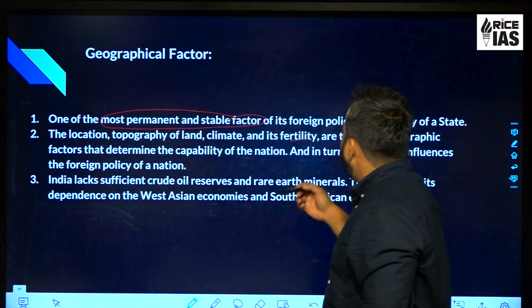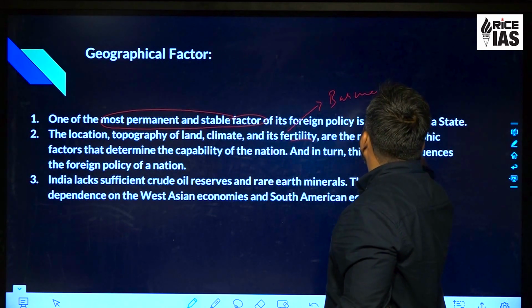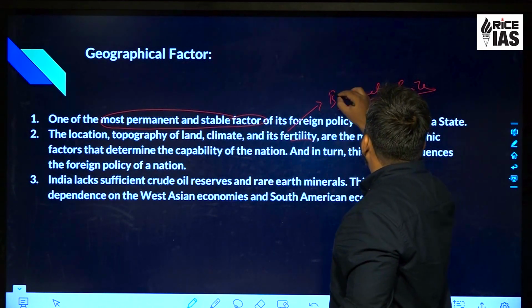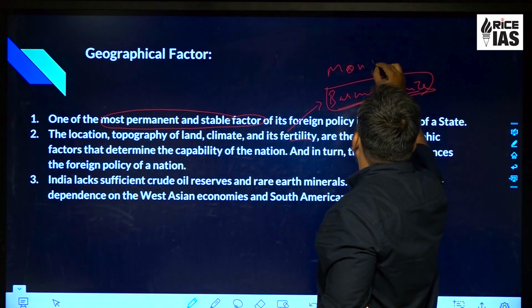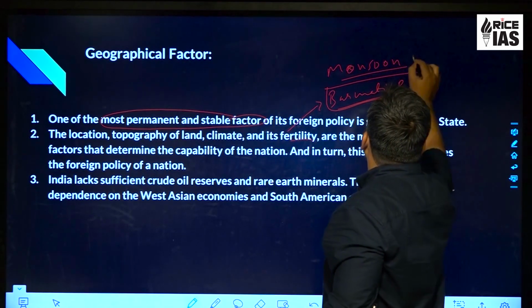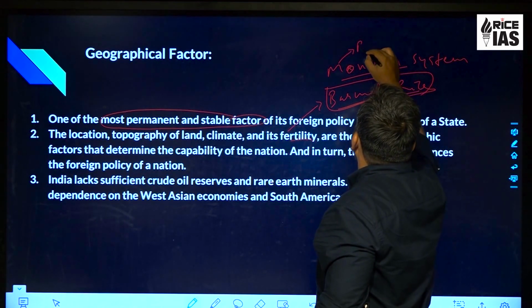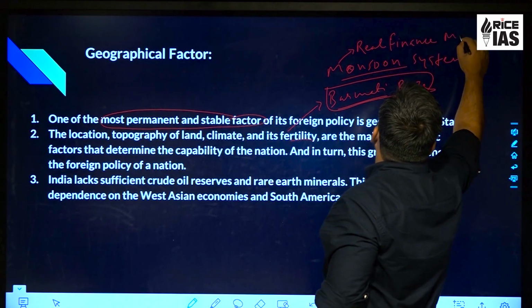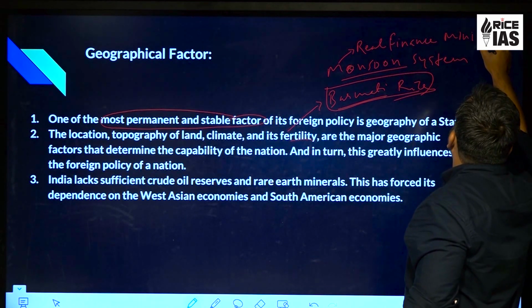For example, India exports basmati rice to the Middle Eastern countries because India has got a good monsoon system. Monsoon is actually called the real finance minister of India. It helps us with important forex reserves.